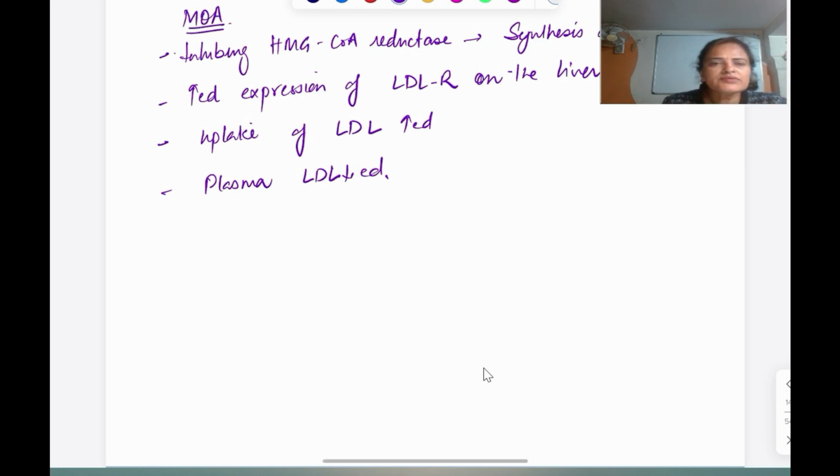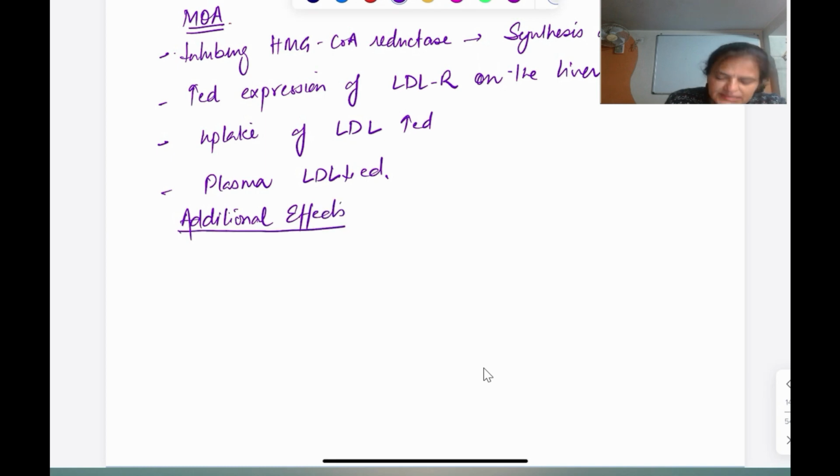Plus, this drug also exerts certain additional effects. What are those additional effects? Statin is very commonly used because of its main effect, and along with it there are additional effects.